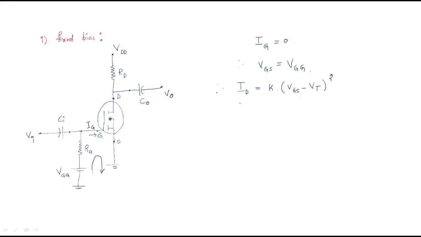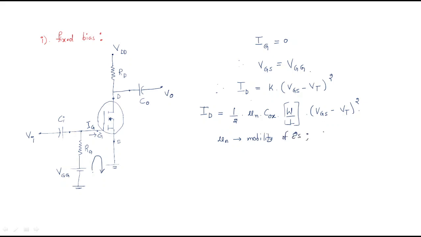Here I already told you that K depends on the device parameters, but we can extend the formula. The total formula is ID equals 1 by 2 mu n COX W by L into (VGS minus VT) whole square. What is mu n here? Mu n is the mobility of electrons.